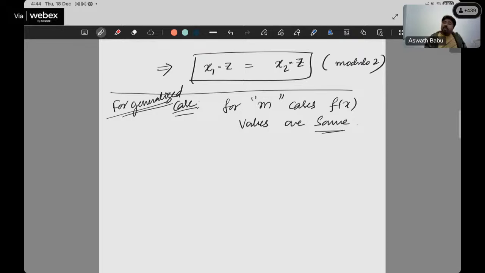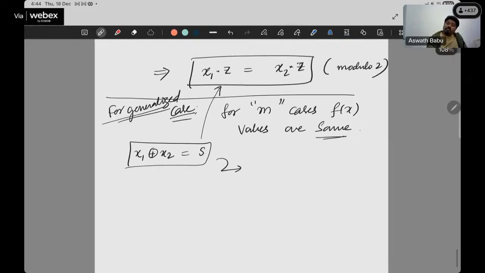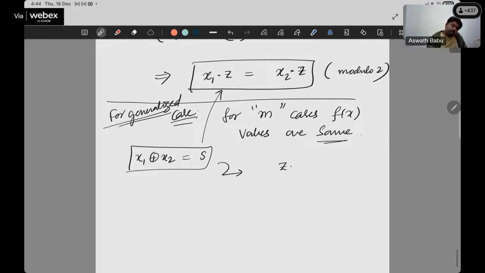Instead of writing in terms of x1 and z, I'll write in terms of s, because x1 plus x2 is actually s. Once I add this equation to the one above, this is simply z into s is equal to 0.